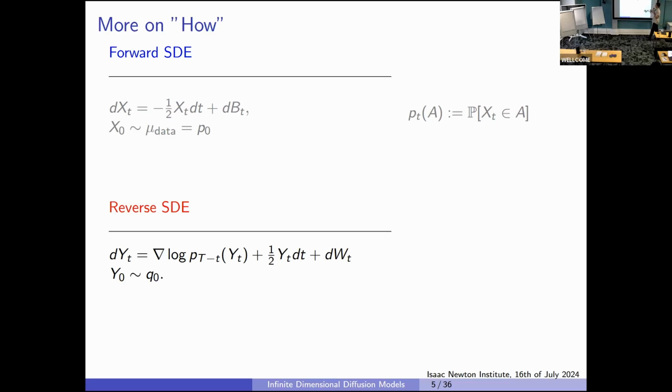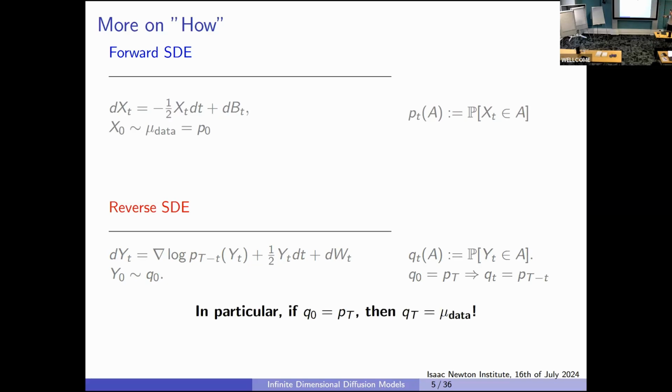Then what's maybe a bit confusing is that here you've been adding noise, so you've been smoothing out the distribution, and here you're also adding noise, so you're also smoothing out the distribution. But this term here counteracts the addition of the noise, and pushes the samples of the reverse SDE to high probability areas of XT.